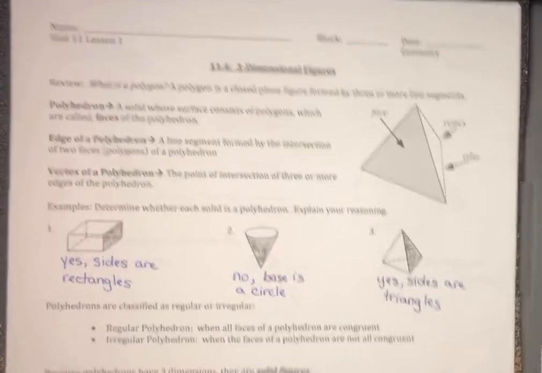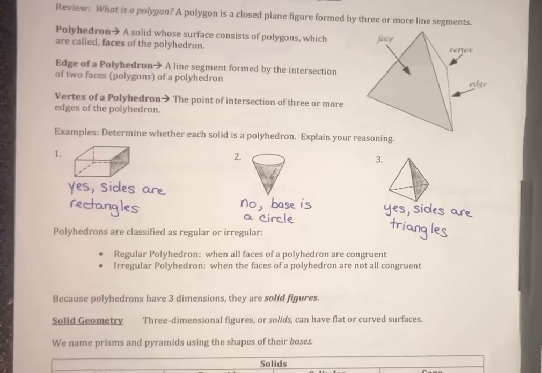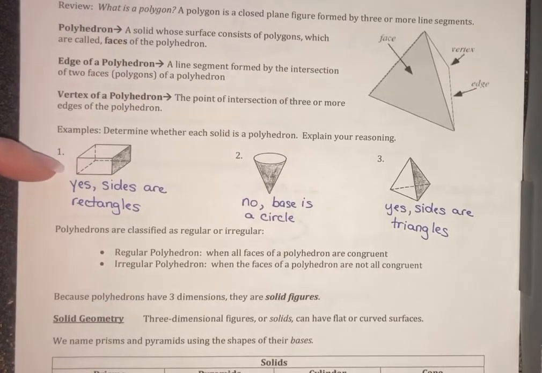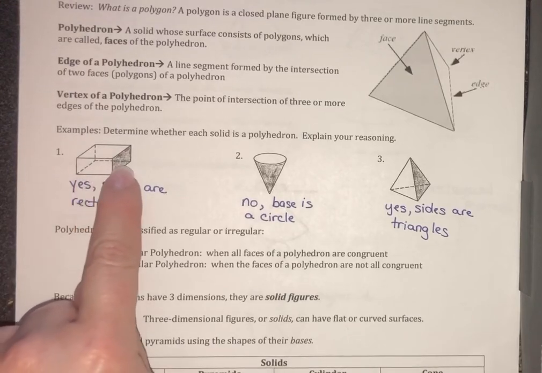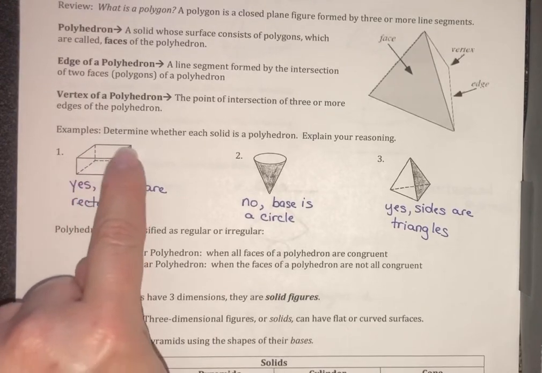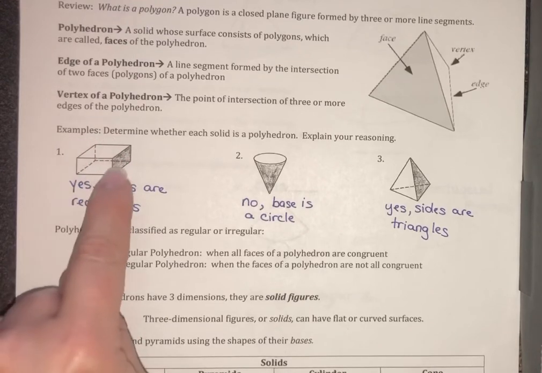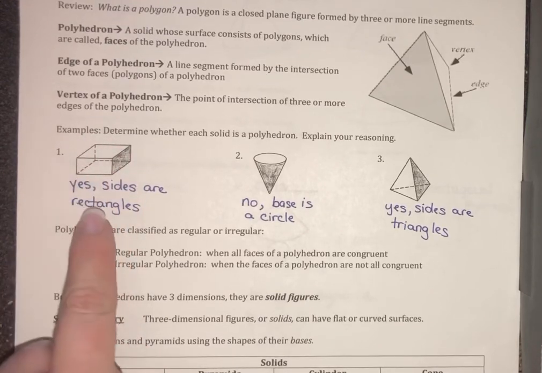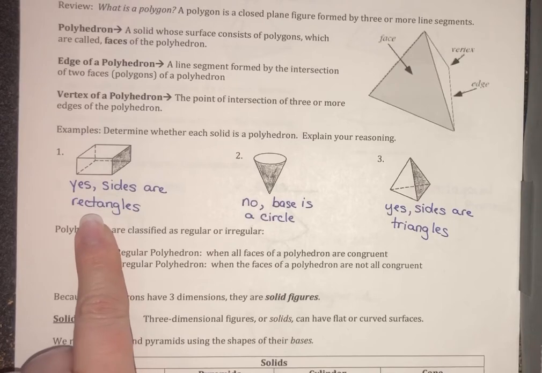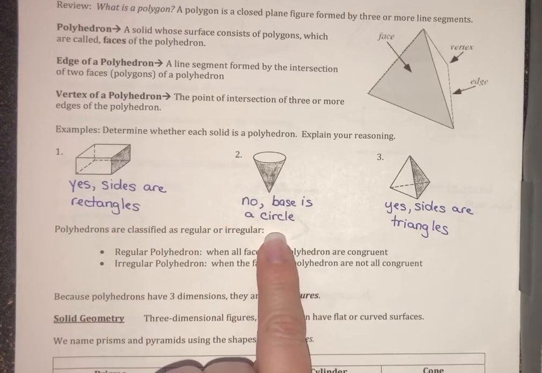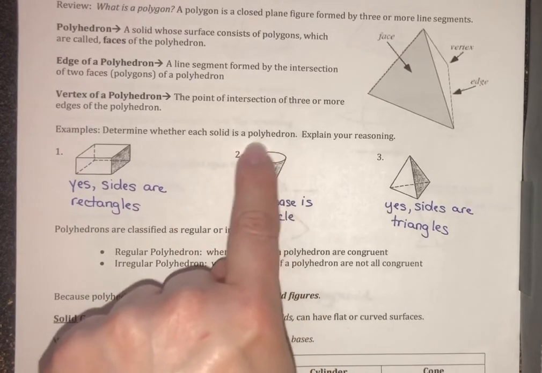So, determine whether each of the following is a polyhedron and give a reason. If we look at our first example, every single side of this particular solid figure happens to be a rectangle. Since rectangles are polygons, yes indeed, this is considered a polyhedron. In my second example, notice that the base is a circle.